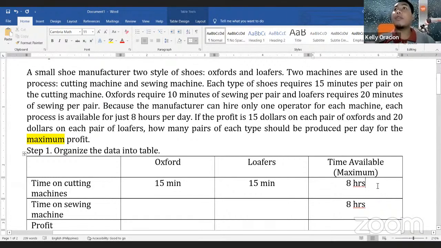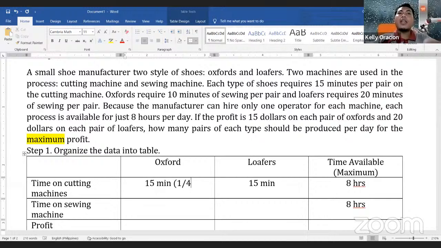You are going to convert the 15 minutes into hours. How many minutes are there in 1 hour? It's 60. So 15 divided by 60, this 15 minutes is equivalent to 1/4 hour. Again, 15 minutes is equivalent to 1/4 hour. The same here, 1/4 hour.